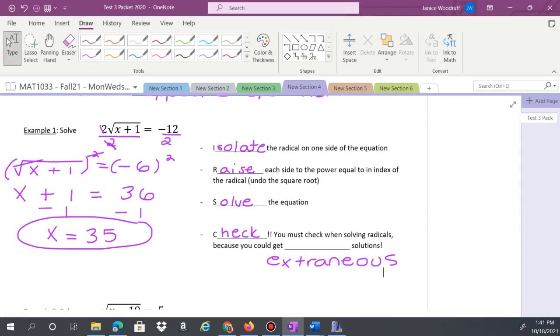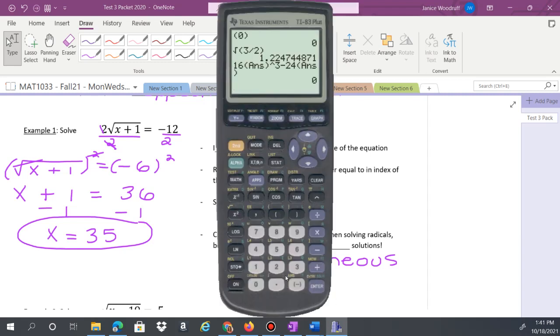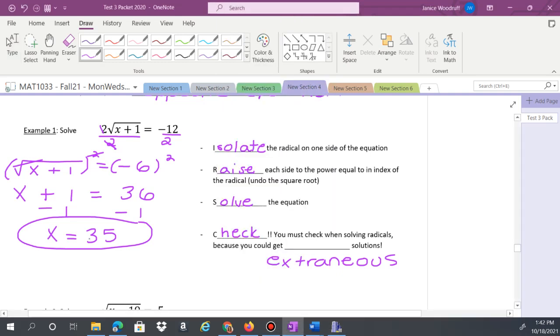Now I'm going to take this 35 and check it in the original problem. So 2 square root 35 plus 1 equals 12. What's it supposed to equal? It doesn't equal negative 12. So in this case, because I'm showing you an example of it, this is actually an extraneous solution.